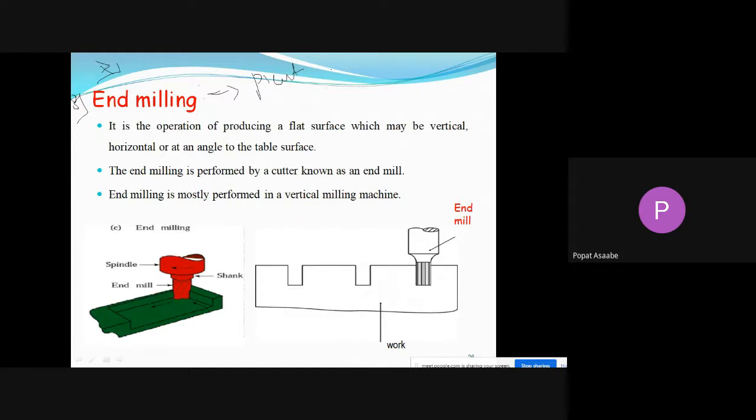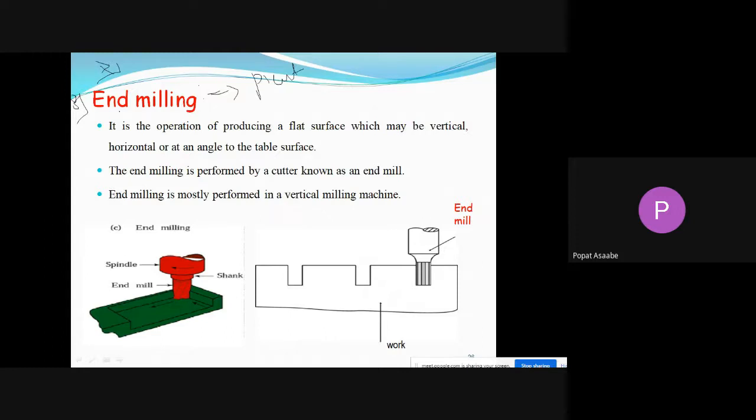In face milling we can also produce a flat surface, but the axis of the cutter should be perpendicular to the workpiece surface. But in end milling, such a condition is not there. With end milling we can produce a flat surface on the workpiece.